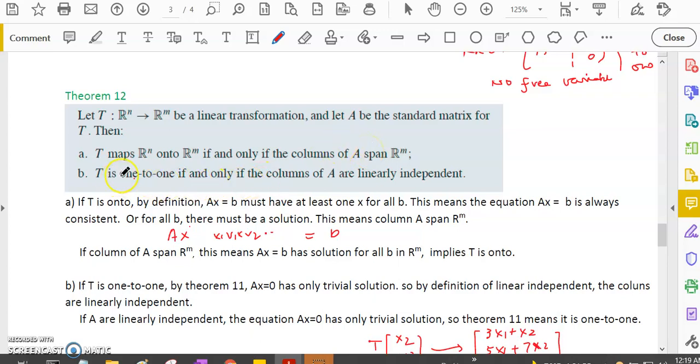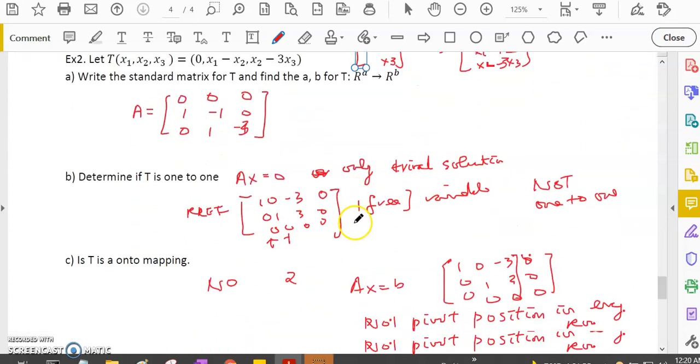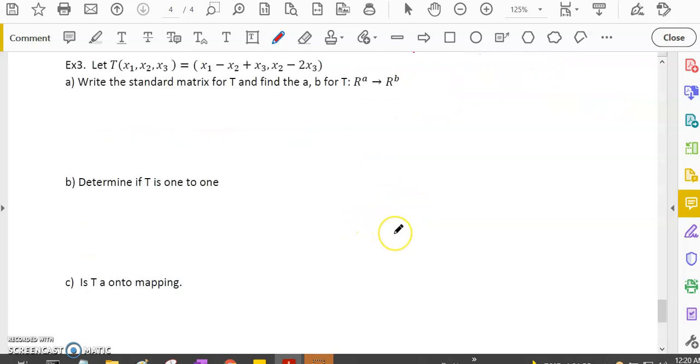And then you can check one-to-one if you have only one solution for Ax equals 0, or the columns are linearly independent, meaning there are no free columns. So one is about rows, one is about columns. Let's do the third example.